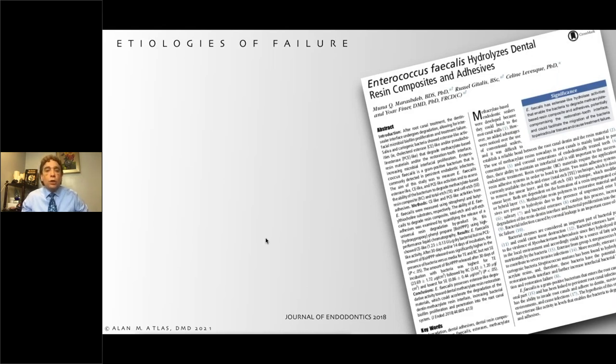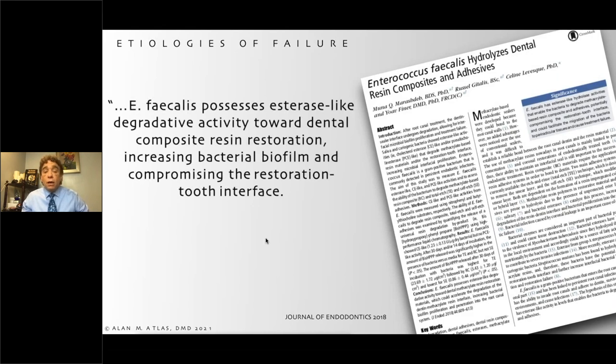And I can tell you one of the other reasons we're seeing failures, particularly, is that the E. faecalis bacteria possess these degradative activities towards dental composites, cements, increasing that biofilm that's around the surface, the interface, compromising that interface between the restoration and the tooth.